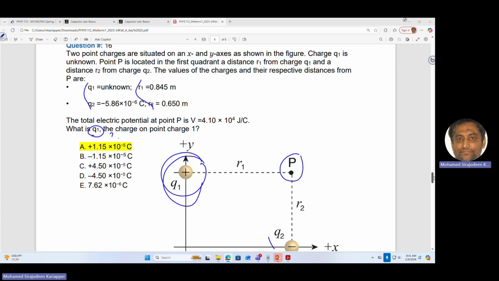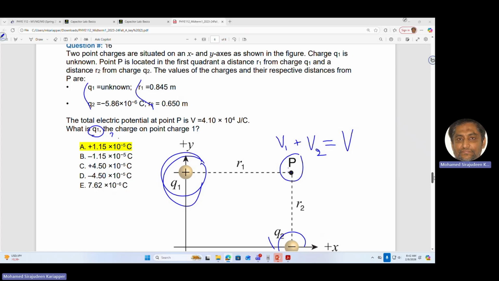Q1 will have a potential at point P, let me call it V1. Q2 will have its own potential at P, let me call it V2. And the net potential, I'll call it V. So this is the equation. Is this equation in the formula sheet? No. We are simply applying the superposition principle.